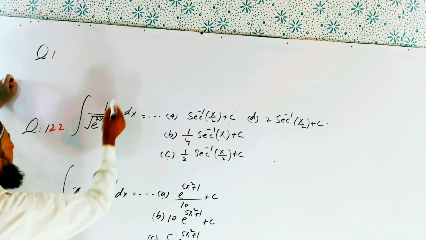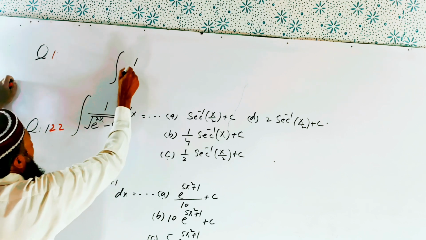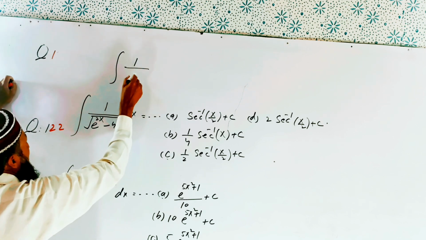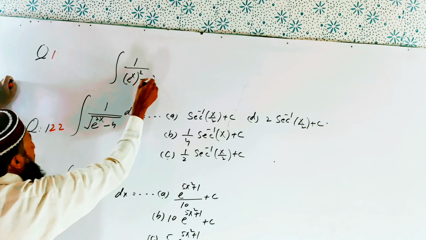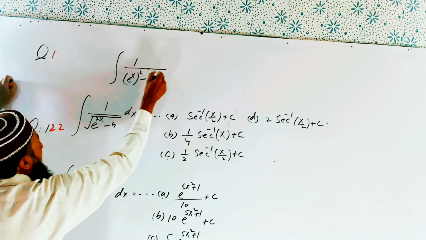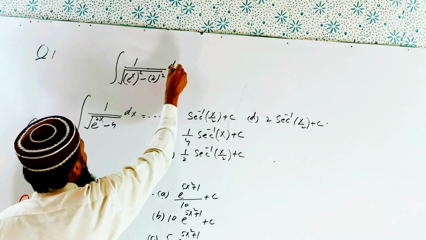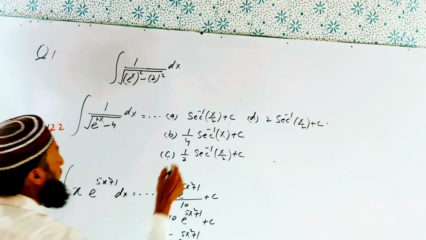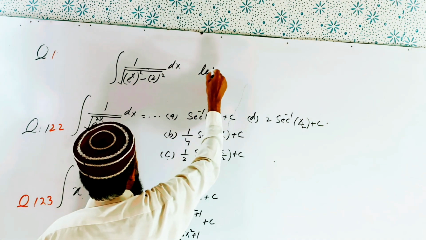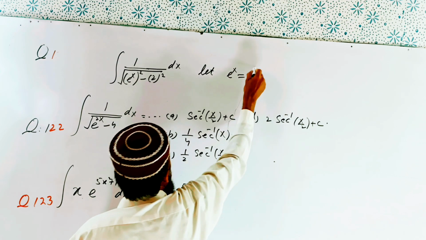Next, a square root is also available. First of all we write this integration as 1 divided by the square root of (e power x) whole square minus 2 square, dx. Now we take the supposition. Let's suppose that e power x is equal to t.